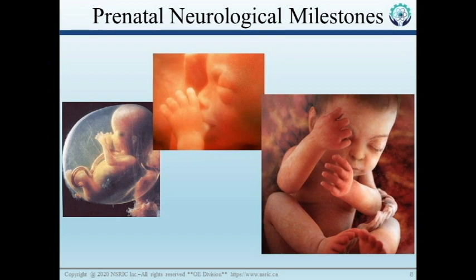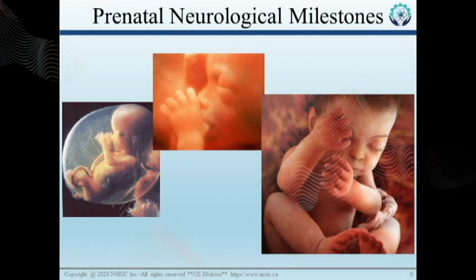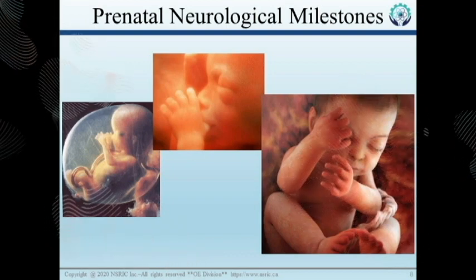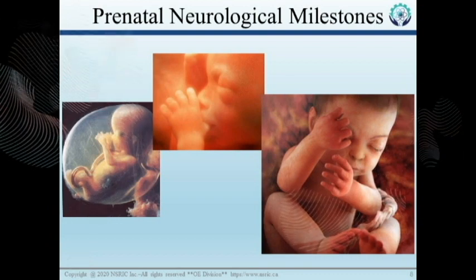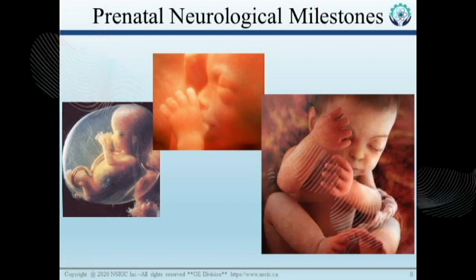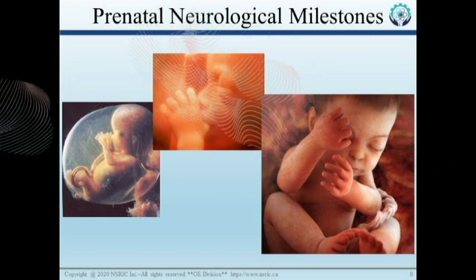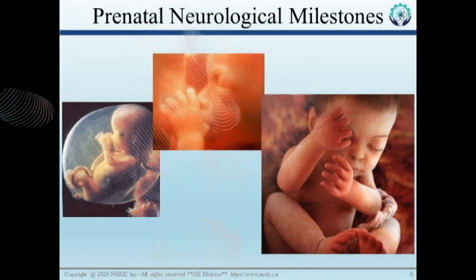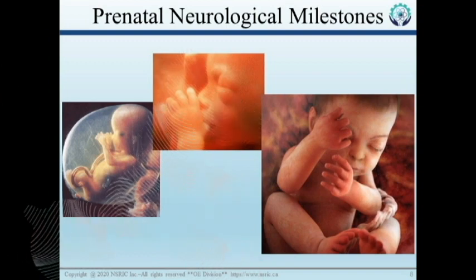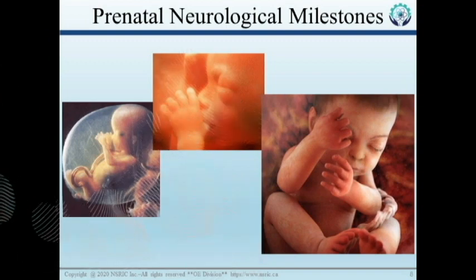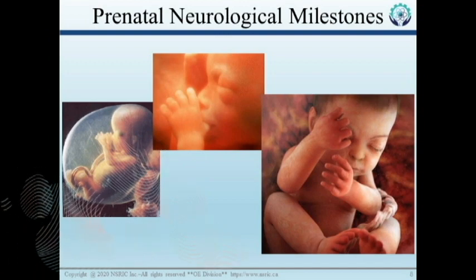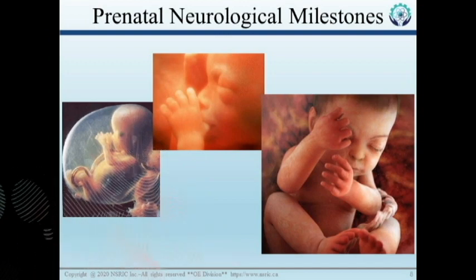In the second trimester, we have the emerging senses and connections. We have the neural plate closing in. The basic structures of the brain and of the body form and differentiate. We have the formation of the brain stem and the emergence of basic reflexes, the startle reflex, the rooting reflex, sucking, that sort of thing.